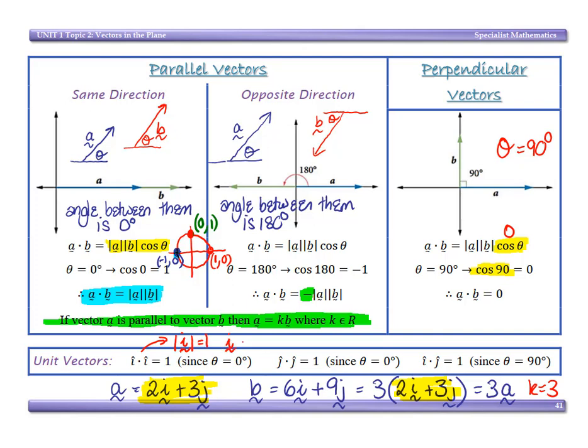So our dot product is 1 times 1, which is 1. Now you need to make a correction. This is 0. So for perpendicular vectors, we know the dot product is 0. So for our i and j unit vectors, the dot product must be 0.